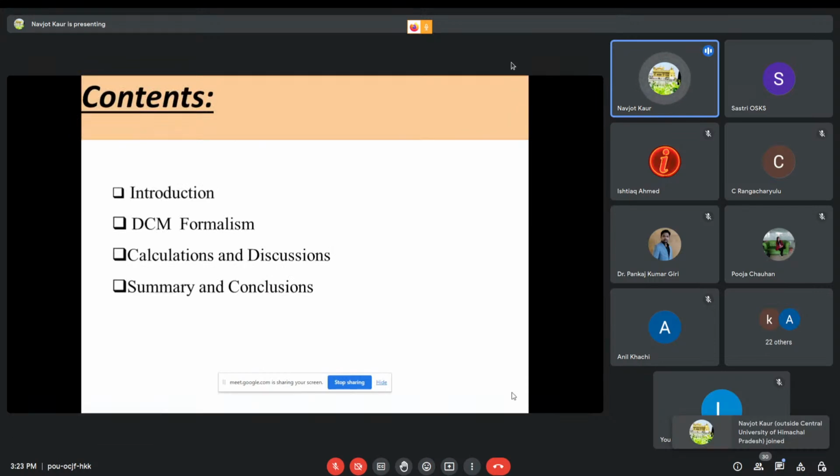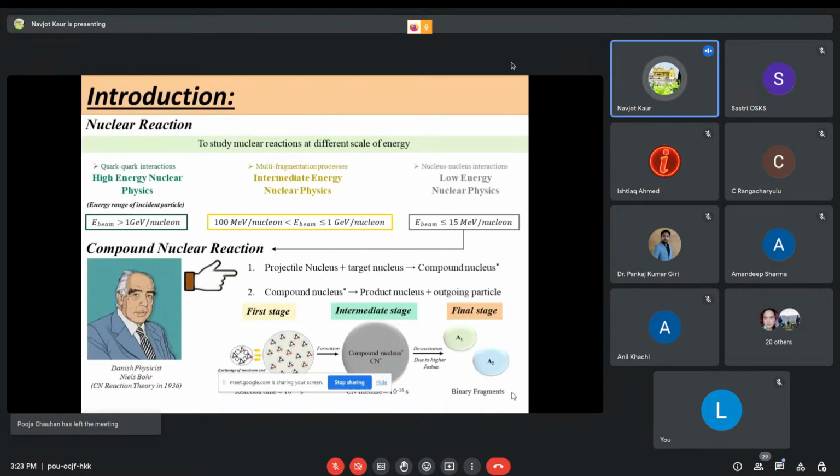Firstly, I will talk to you about the introduction. Then I'm using the DCM model, that is the dynamical cluster decay model, so I will discuss the formalism which I'm using. Next, calculations and discussion, and finally I will talk about the summary and conclusions.